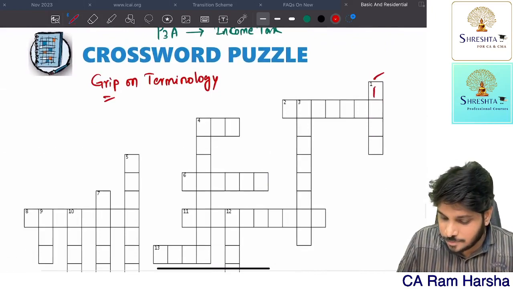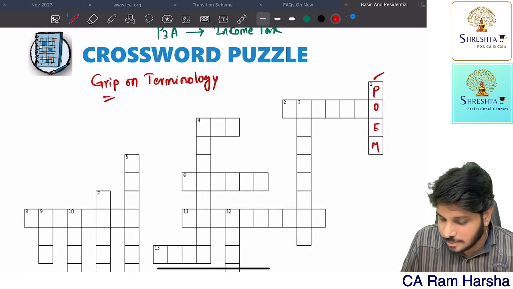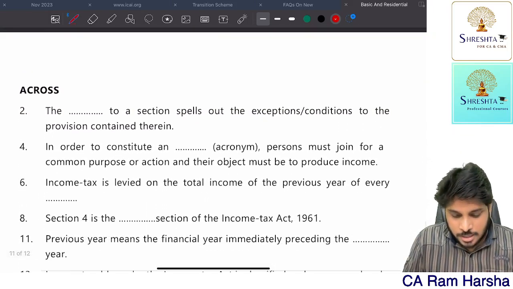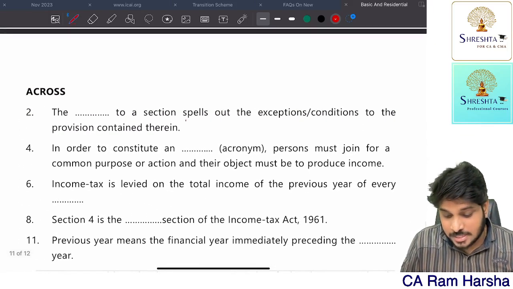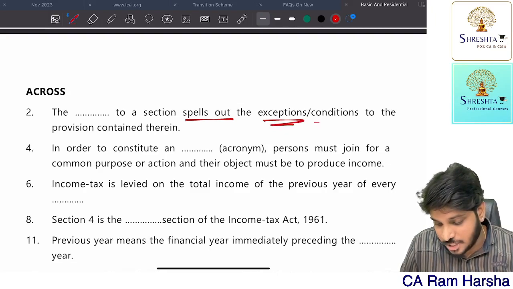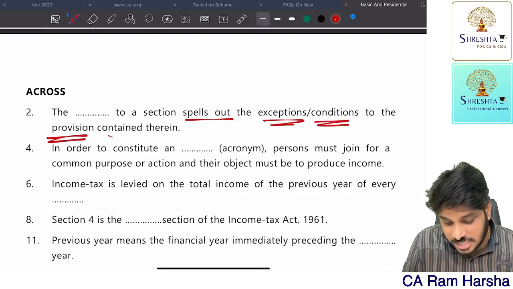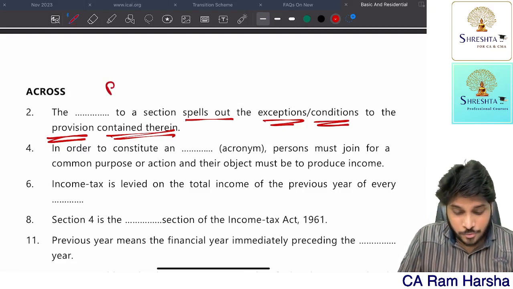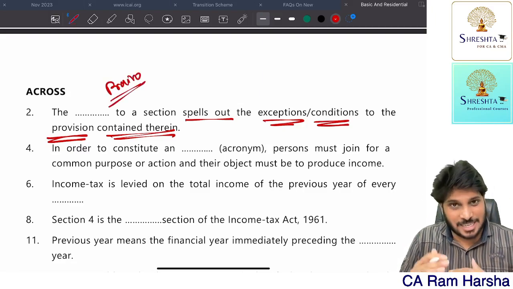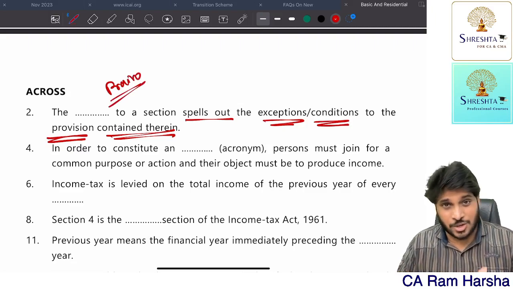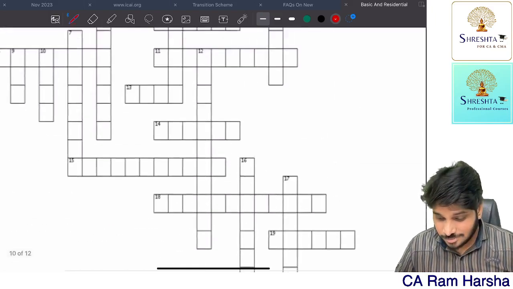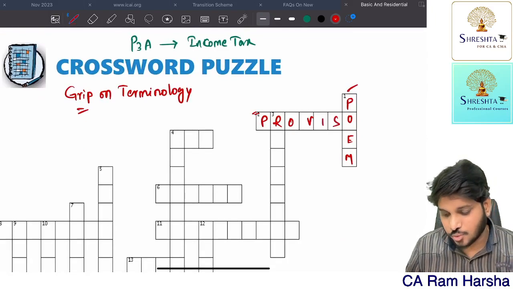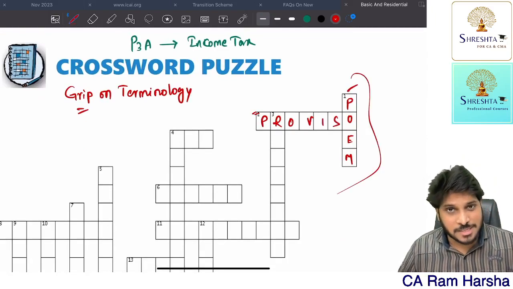You just have to fill it in. Now, the second question, which is down: dash to a section spells out an exception or condition to a provision contained therein. Proviso. A proviso to a section talks about an exception or a condition. So proviso, P-R-O-V-I-S-O. That's it. So my puzzle is correct.